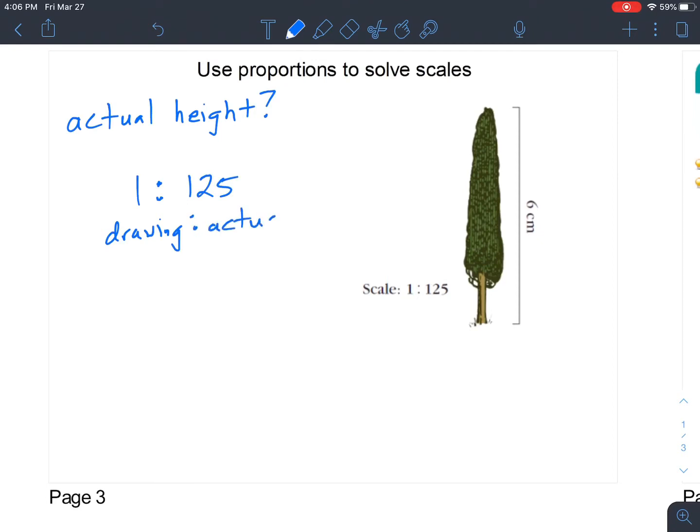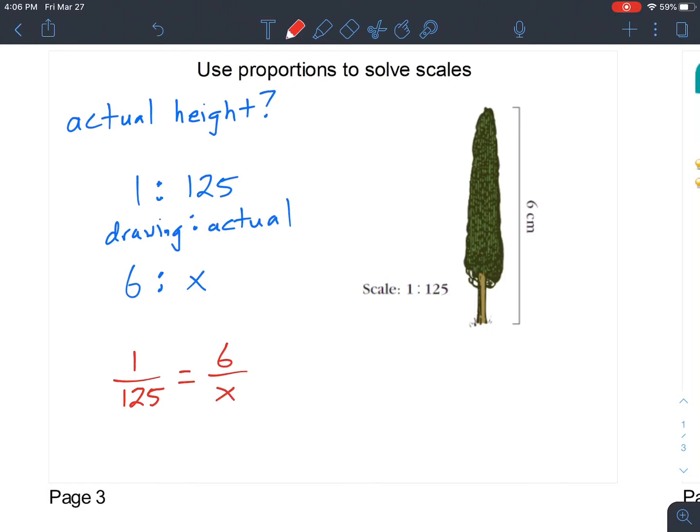is the actual. So then we need to set up another ratio that is also in that form. 6 centimeters is part of the drawing, and we don't know the height, so we're just going to call that x. Then we set up a fraction: 1 over 125 equals 6 over x.